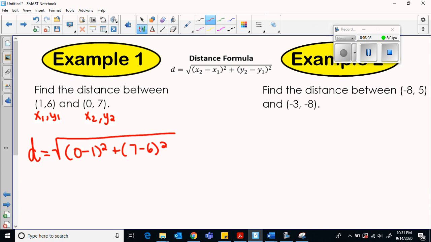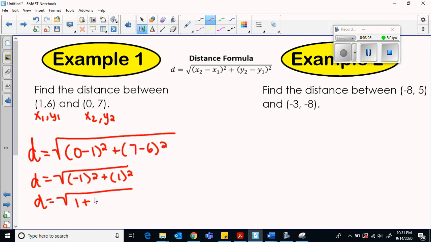Remember, we're just going to follow through with our order of operations. So I have negative 1 squared plus 1 squared. Now we're going to do exponents. Negative 1 squared is just a positive 1, and then 1 squared is also positive 1.